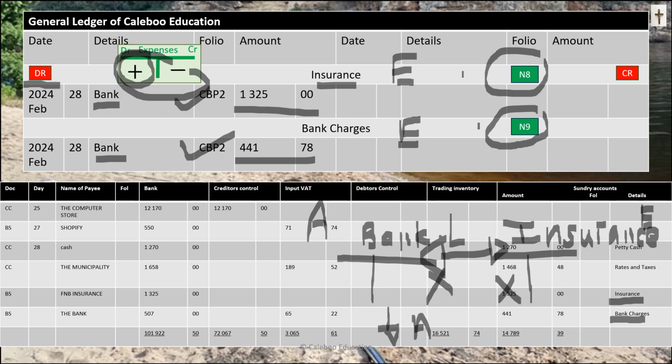The contra account is the other account involved in the transaction. It's a little bit more complicated when there's VAT in a transaction. But now you understand what a contra account is, if you didn't see that earlier video. Bank charges gets debited. Why? Increase in expense.